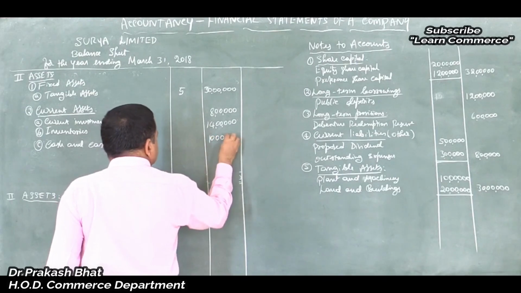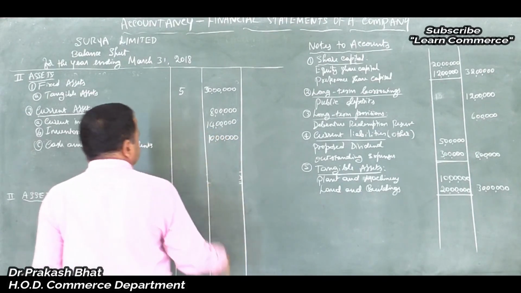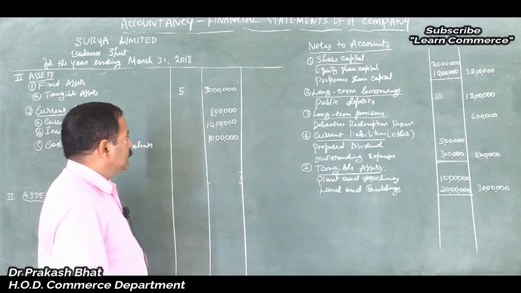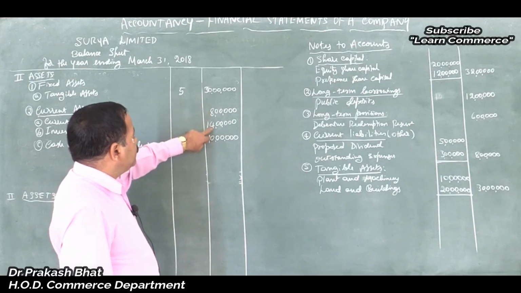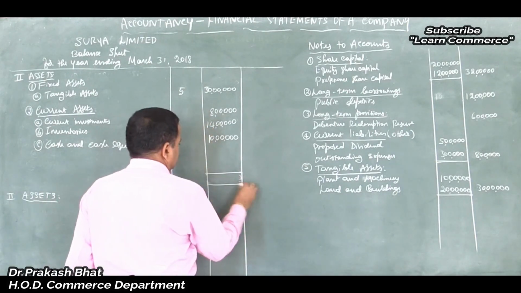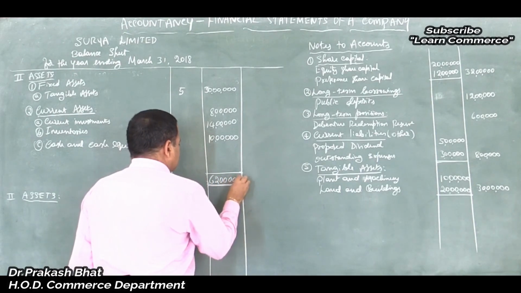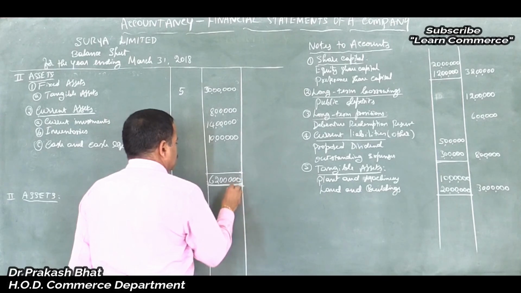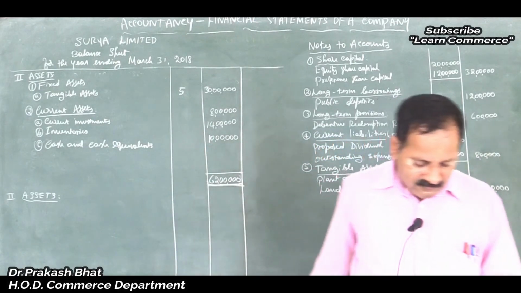That's all. I think all the items are covered, isn't it? Yes. Let us see the total. 30 plus 8, 38, 48, 62. It agrees. That's all. 62 lakh.